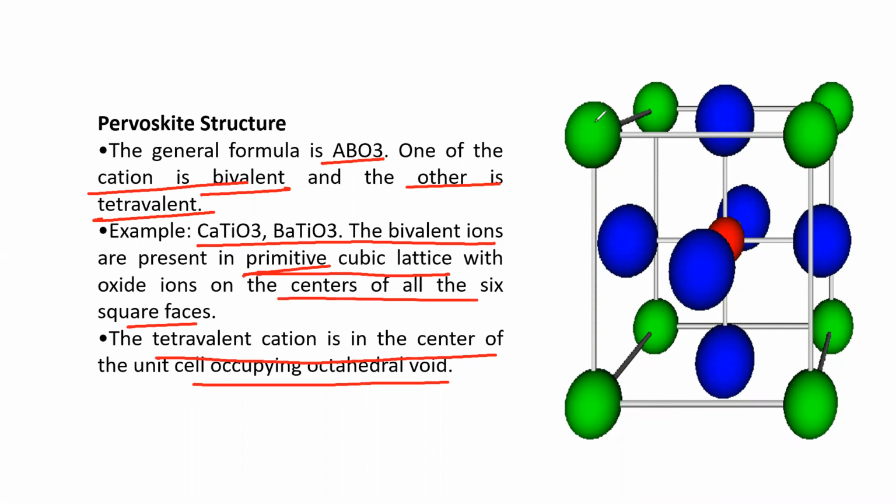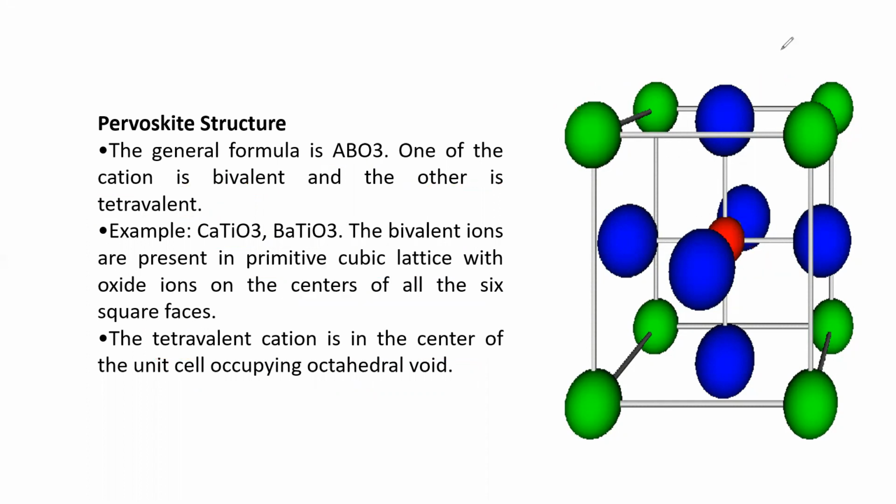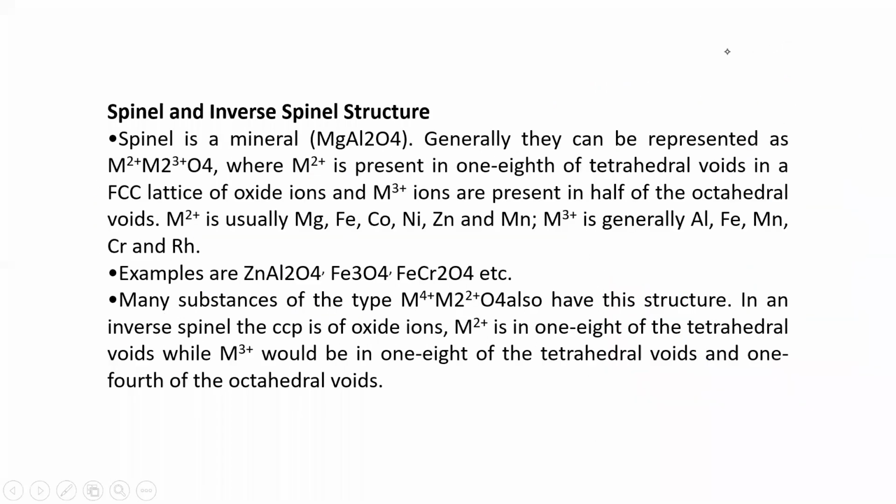Oxygen ions are the blue color, calcium ions are the green color, and the tetravalent cation at the center of the unit cell occupying the octahedral void is the red color, which is titanium. In this way calcium, oxygen and titanium exist, and oxygen is present on all 6 faces of the cube.